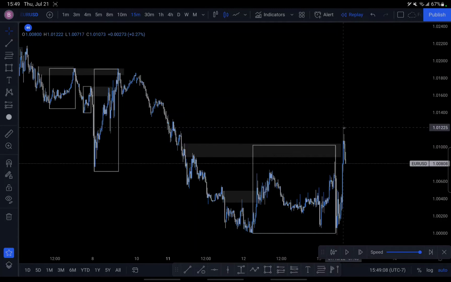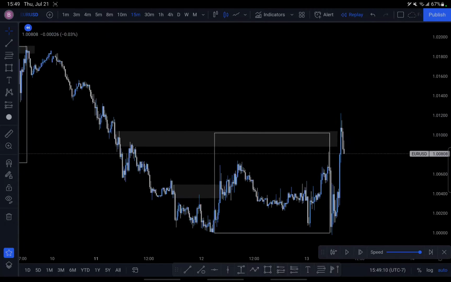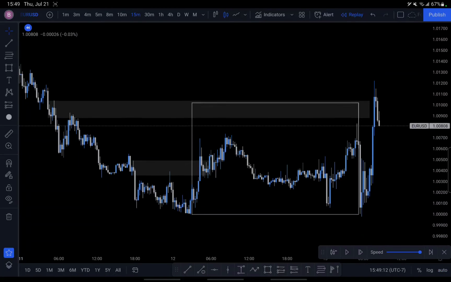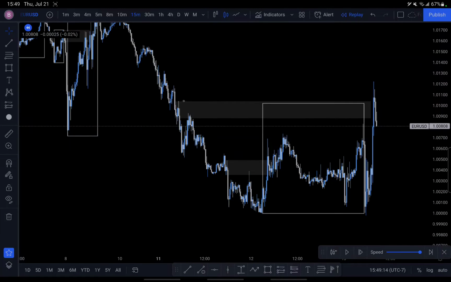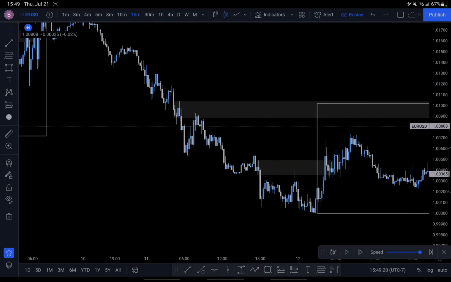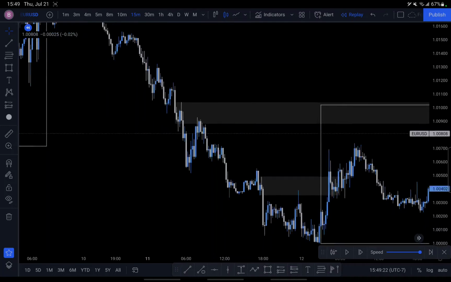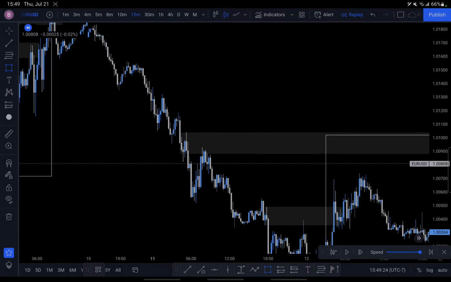So price tested this supply zone over here. So not this one, probably this supply zone here. Could have been this one here. Let's find out.